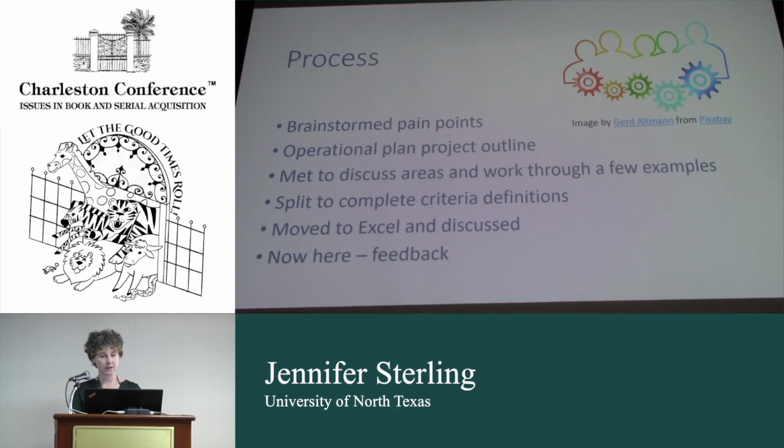Then we met to discuss the different categories that would go into a vendor reciprocity scale, and we worked together and wrote a few examples. Then we split into individuals and we completed the different criteria and definitions. We then moved all of the criteria and categories into Excel, and then we discussed those. And now we're here at the Charleston conference so that we can get your feedback on the VRS.